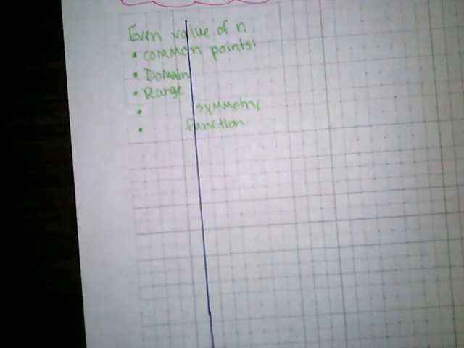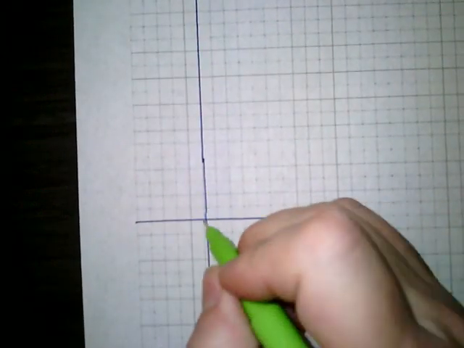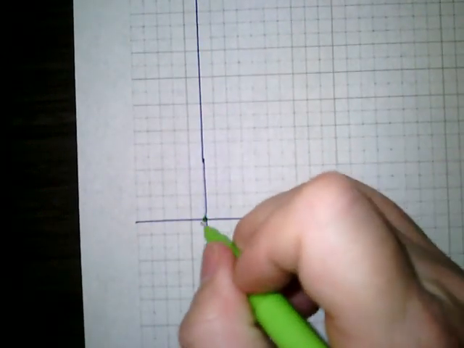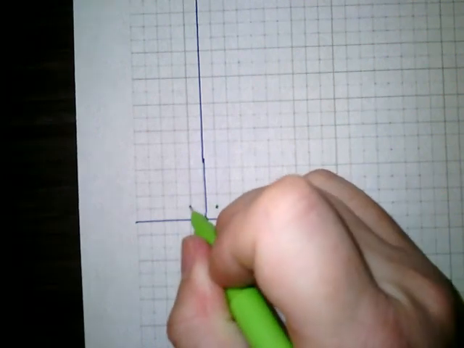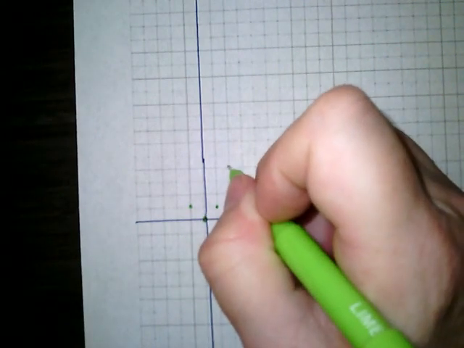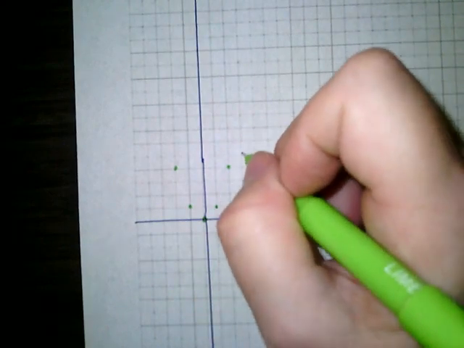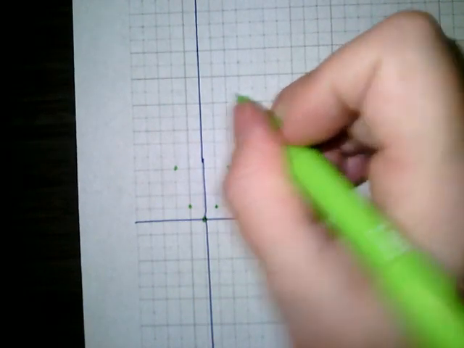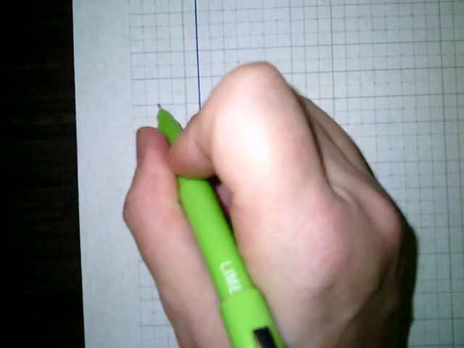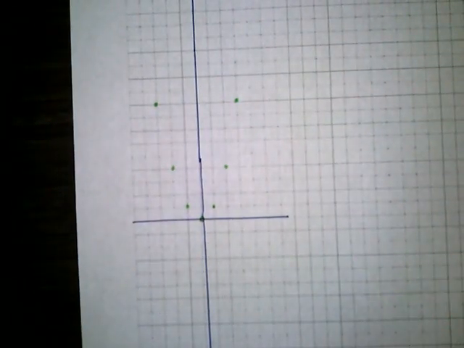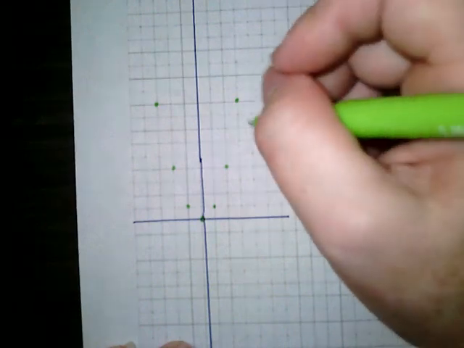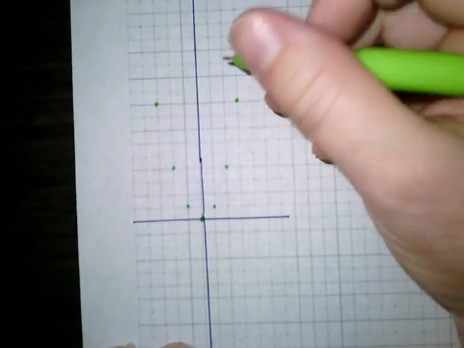So if I were to graph y equals x squared, that's one that we should all be familiar with. It has a vertex at 0, 0. And then I go over 1, up 1, over 2, up 4, over 3, up 9. I'm not going to sketch it in quite yet because I want to add some extra ordered pairs on here.